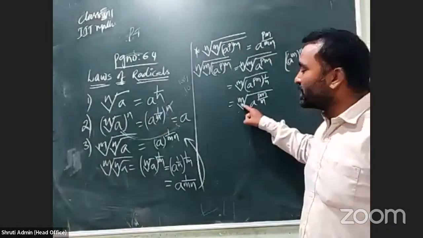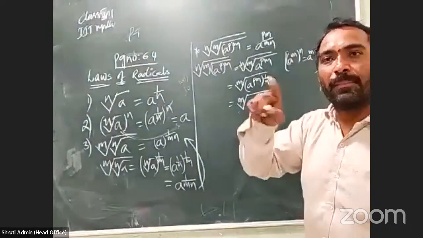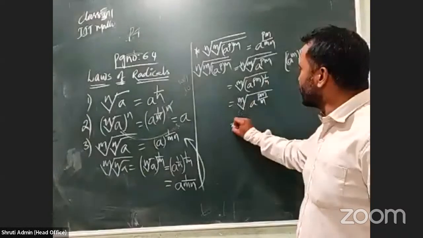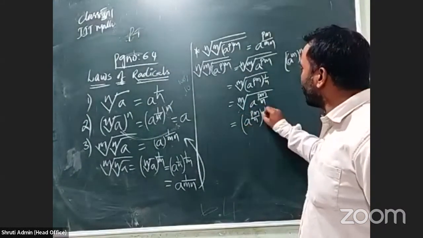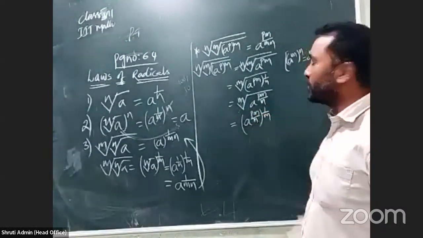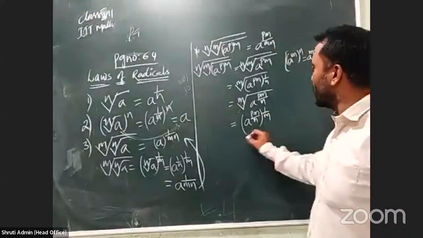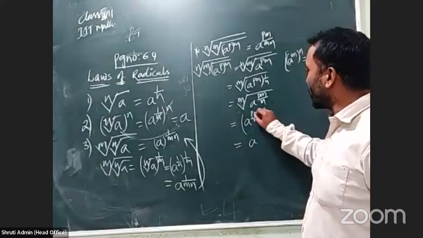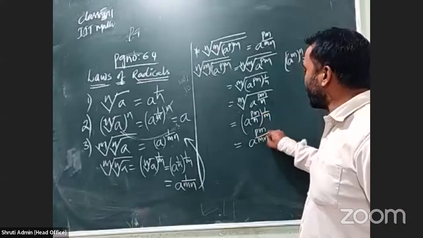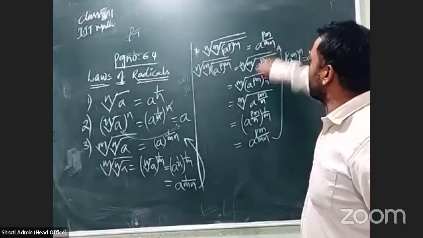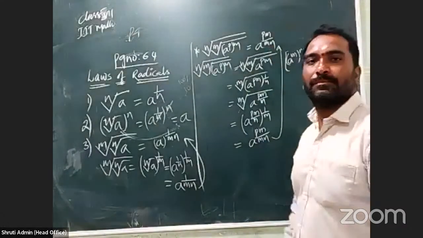Again, if I remove this mth root, I should write 1 by m. Yes or no? So this will become a to the power of pm by n whole to the power of 1 by m I can write. So this will be a to the power of pm by mn. So this is the shortcut, this is the procedure.